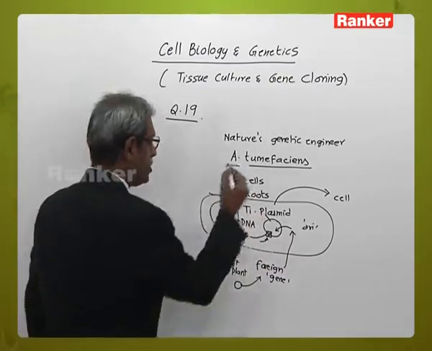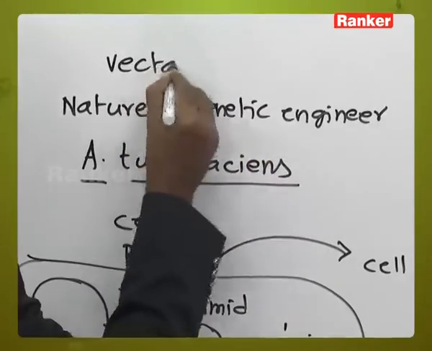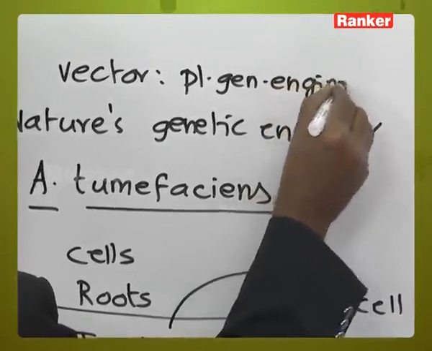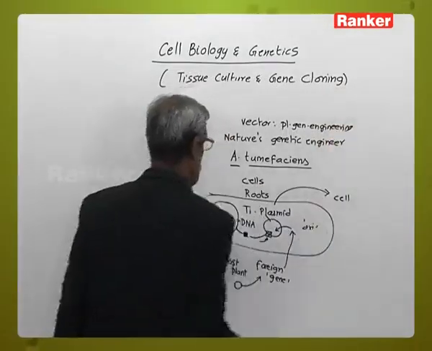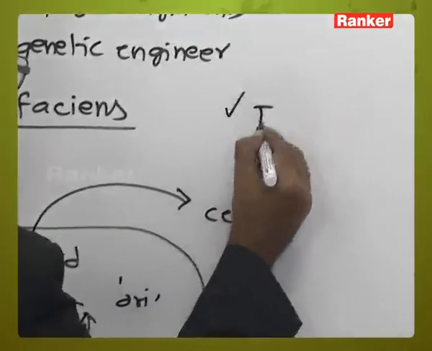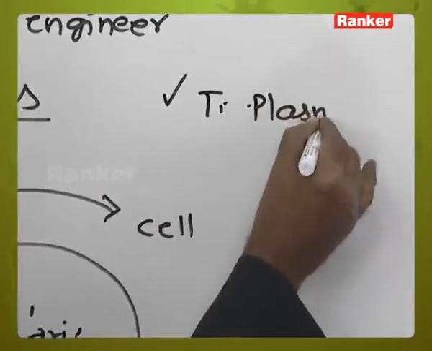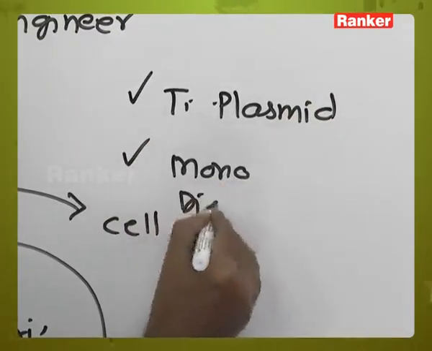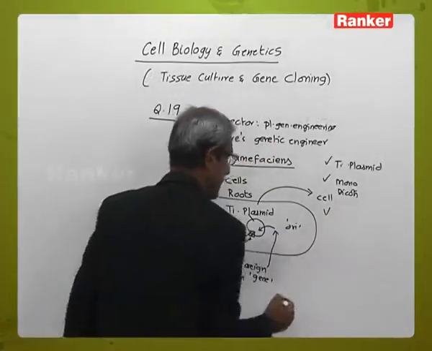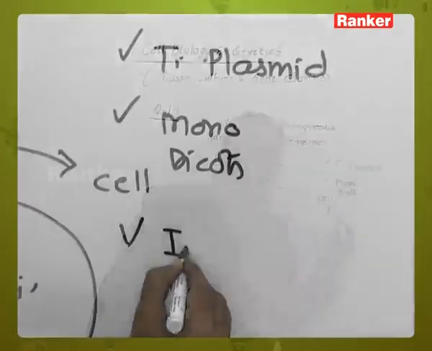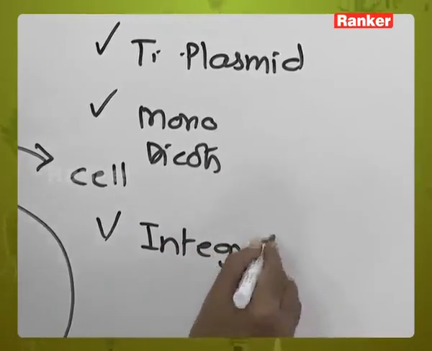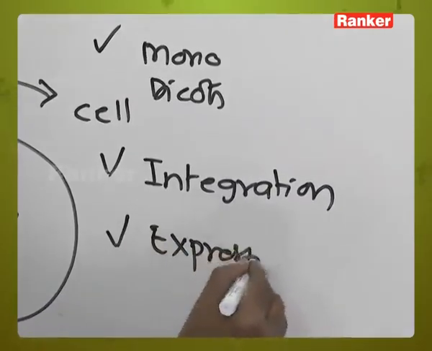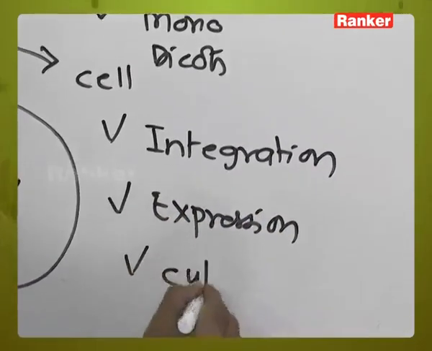This is the most suitable vector for plant genetic engineering, due to the presence of the Ti plasmid, its association with both monocots and dicots, because the Ti plasmid can easily integrate the foreign DNA, because it can easily be expressed, and because it can also be cultured.